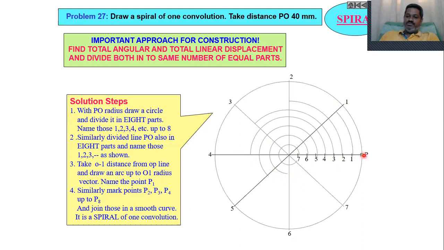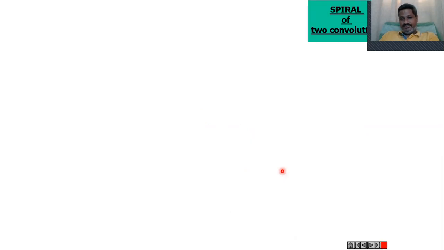Then locate point P at 8, 1, 2, 3, 4, 5 up to 8. Name all those intersecting points P1 to P8. Then join all those points using a French curve or by hand smoothly to get a curve. That curve is called spiral of one convolution.